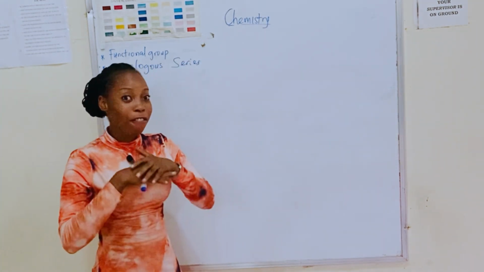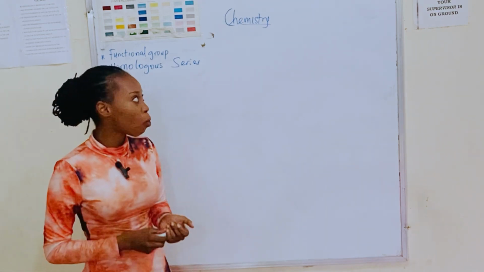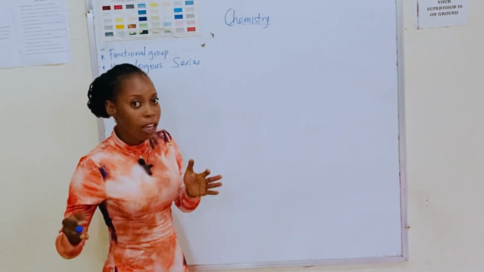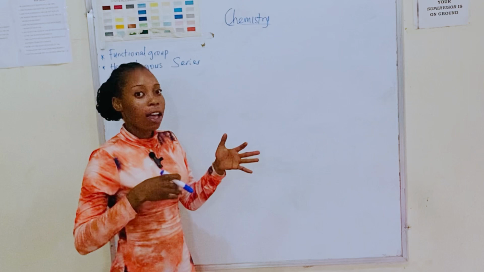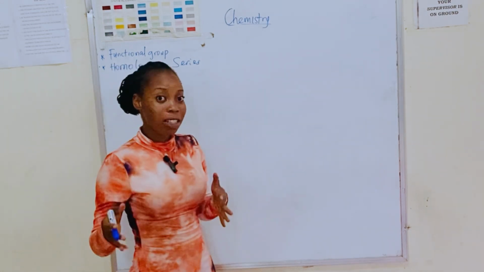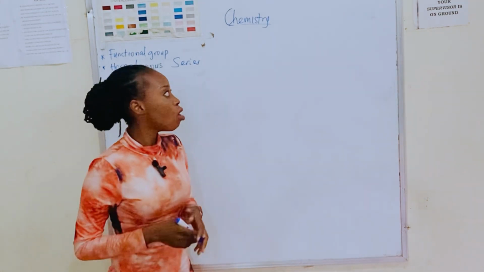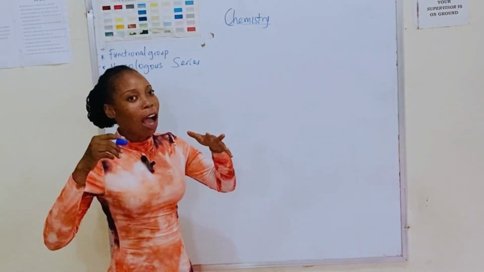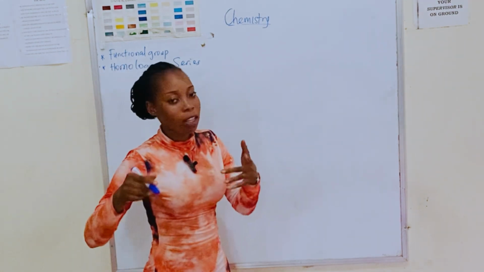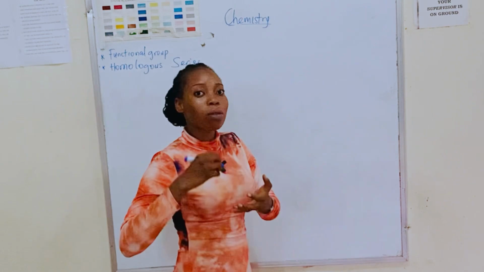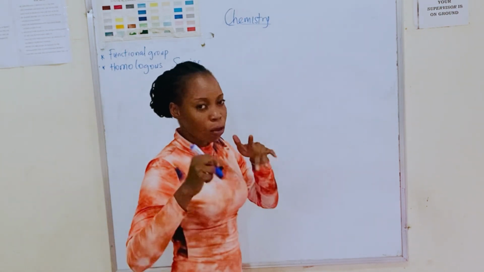There are various organic compounds, and they are grouped into different families. Those families are like that because they have something in common, and that particular thing they have in common is the functional group.